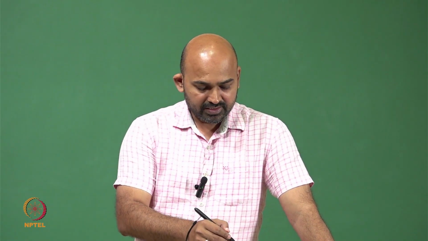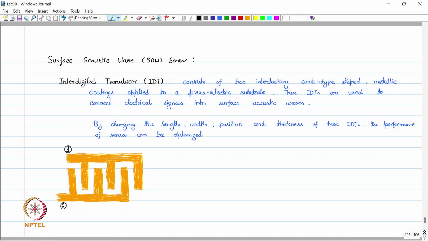This spacing is the spacing between these two IDT structures, as well as the spacing in between these two IDT structures, as well as the thickness of each and every fin. So let's say we have this distance in terms of lambda.